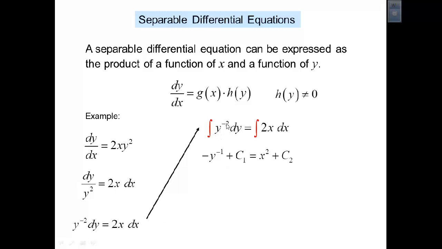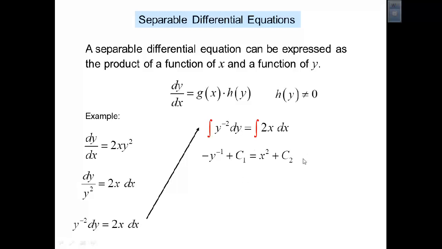All right, so over here, increase the exponent and divide by that number. So we end up with negative y to the negative 1 plus some value c1, a constant, for that side. And then on this side, the antiderivative of 2x dx is going to be x squared plus c. That's another constant from this integration. But we're just going to combine those and make one big c.